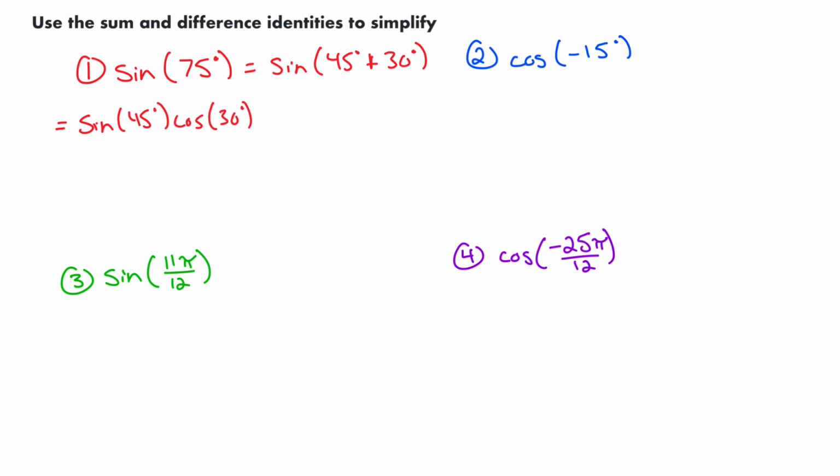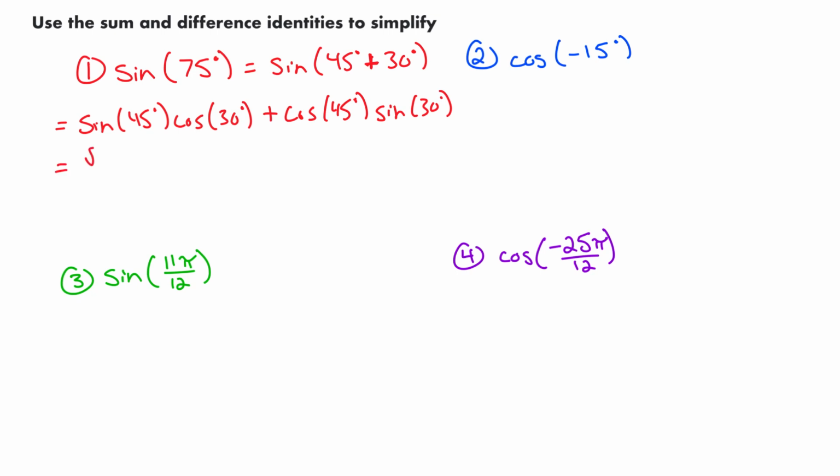Now, because I'm dealing with a plus sign here for the sine sum or difference identity, I'm going to deal with the plus sign. And then it'll be cosine of the first angle times the sine of the second. So I just converted the sine of angle 75 degrees, something I do not know, into an expression filled with pieces that I do know, things that I can look up on the unit circle.